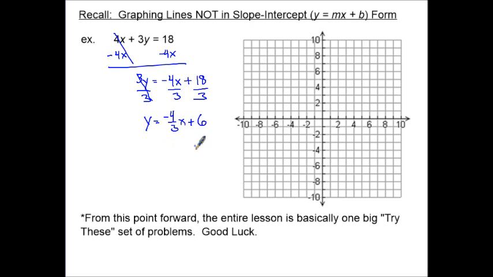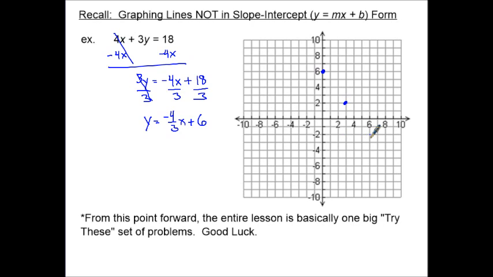Once I've got that, I do what I just did in the last problem. I find my y-intercept first, which in this case is 6, so I go up to the 6 and make my first dot. Then I've got a negative 4 over 3: my rise of negative 4 means down 4, and then my run of 3 comes over 3 in the positive direction. Then I continue that all day.